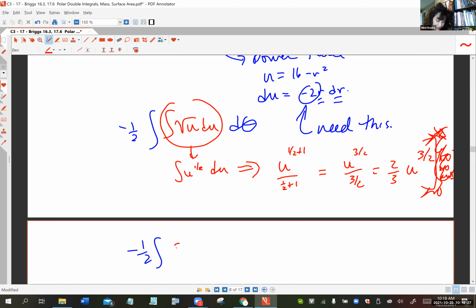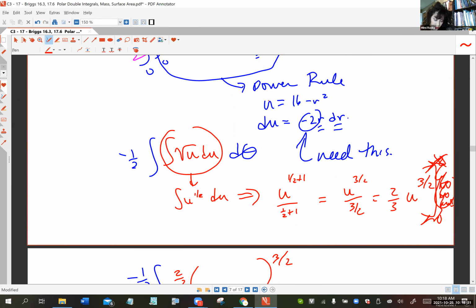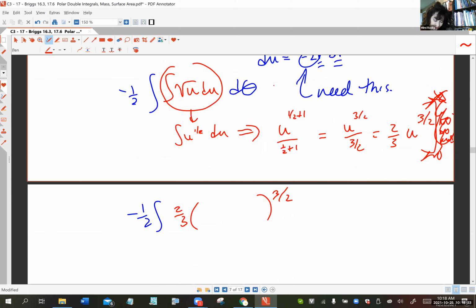So please back substitute your u, which was, what the heck was it for us? 16 minus r squared, and then we'll evaluate that between 0 and 2, okay? And I still have my outer integral.